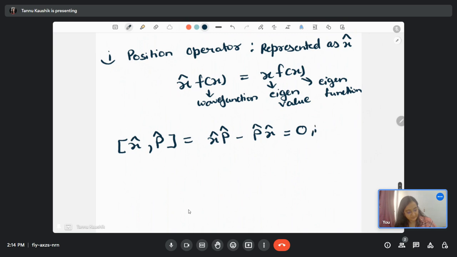So what should happen? Firstly, we will write the condition for the commutator. It should be 0, if they commute.